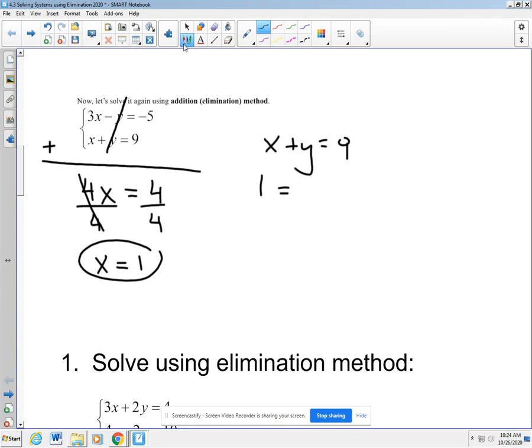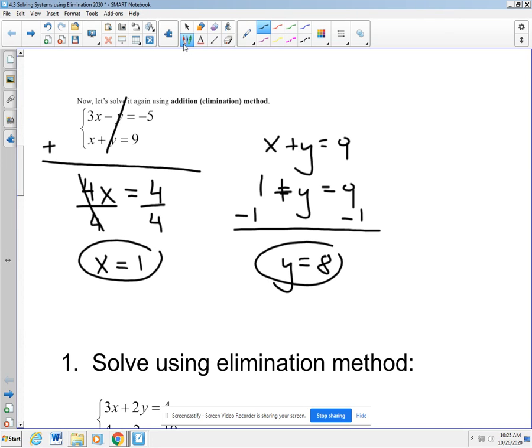So 1 plus y equals 9. Subtract 1 from both sides, and you get y is equal to 8. So your final answer should be 1, 8. And don't forget to check your work.